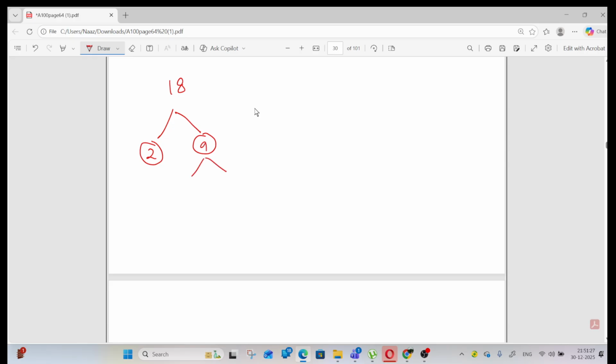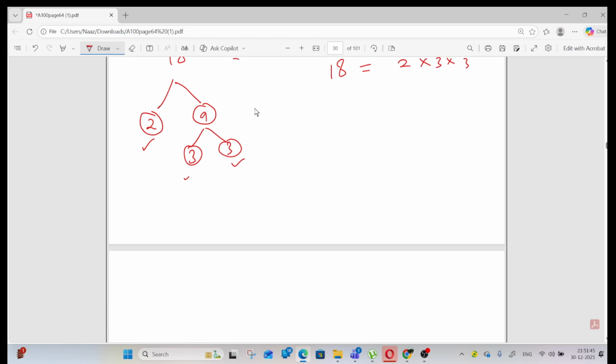Yes, and again, if you divide it by 3, you will get 3. So the prime factors are 2, 3 and 3. You can write 18 is equal to 2 times 3 times 3. Is that clear? Okay, that's great.